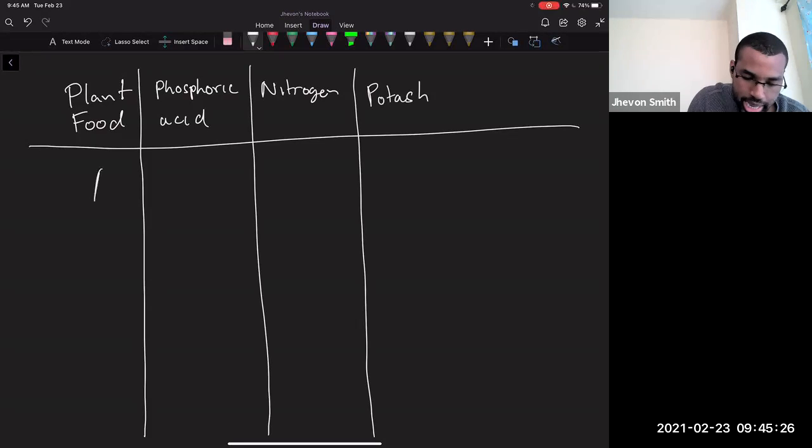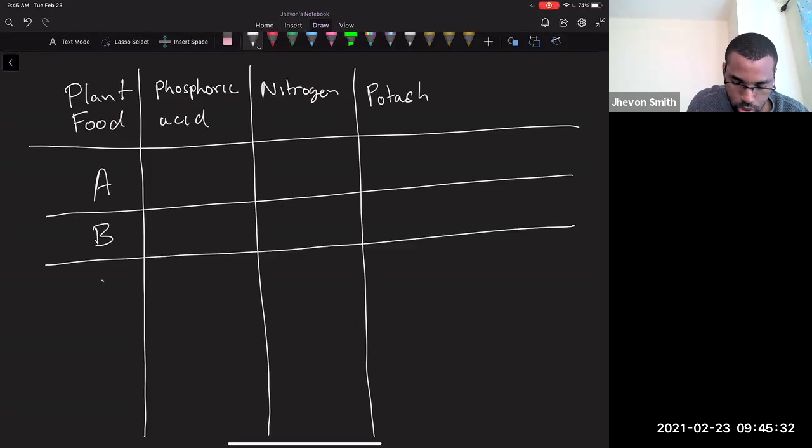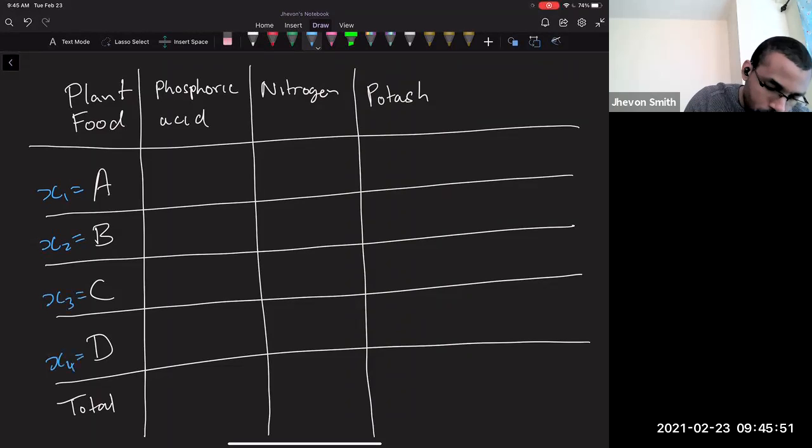Now we have mix A, mix B, mix C, mix D, and let's put here the total. The number of barrels of mix A we're calling X1, number of barrels of mix B, number of barrels for mix C, number of barrels for mix D. So this is the number of barrels.